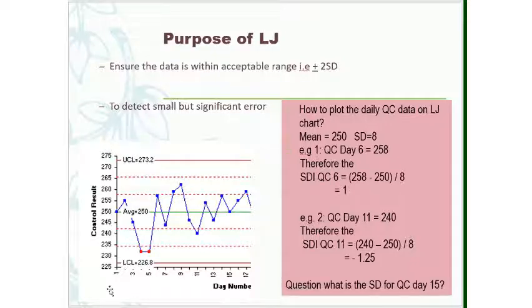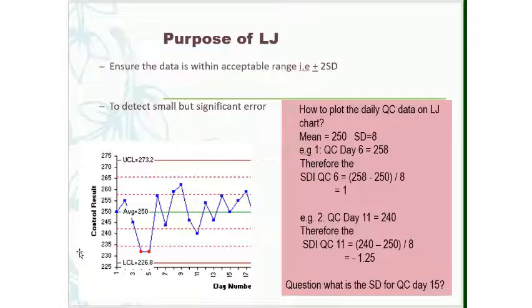Okay, this is the example here. Let's say for this QC, the mean is 250 and the standard deviation is 8. So from here we can put the mean here is 250, and we can put this is the 1 SD, 2 SD, and 3 SD, while this is minus 1 SD, minus 2 SD, and minus 3 SD.